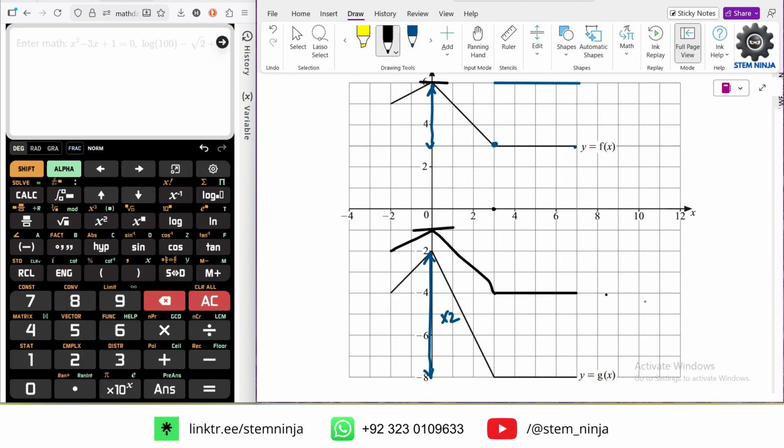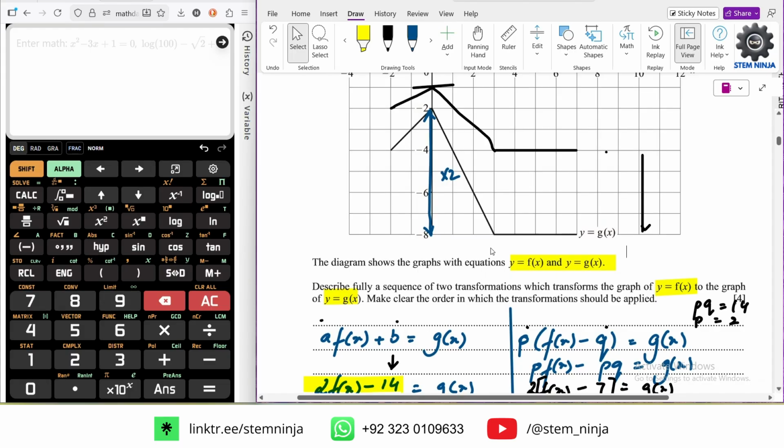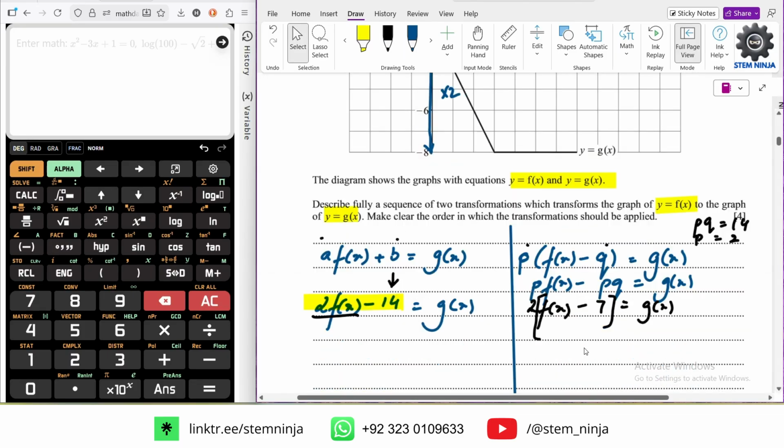And then we move the units downwards. Sorry, stretching. Yes, stretching. So minus 4 will become minus 8.